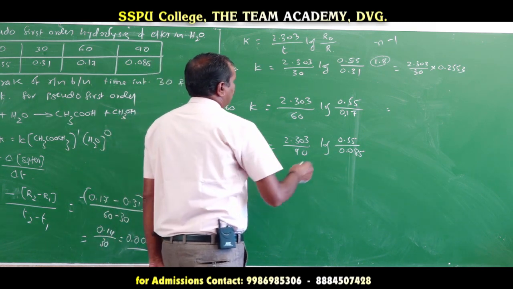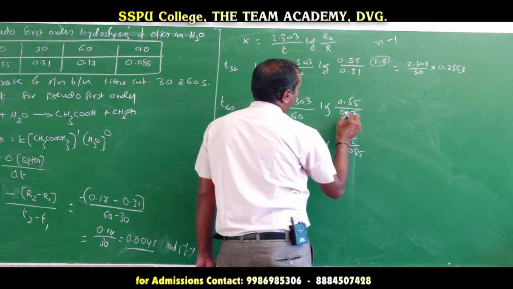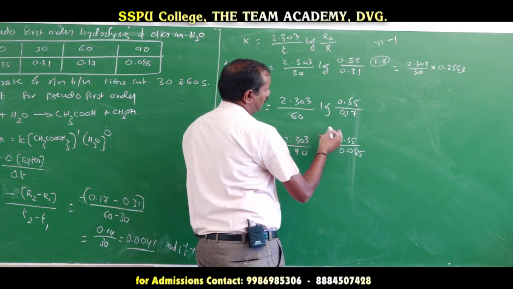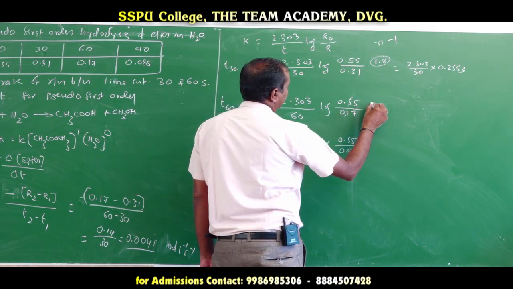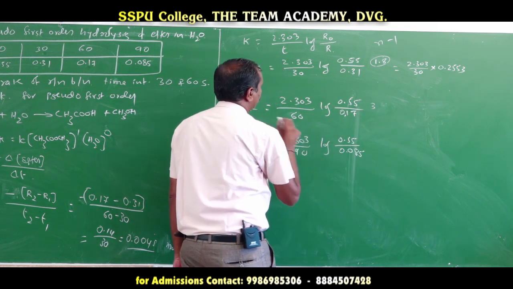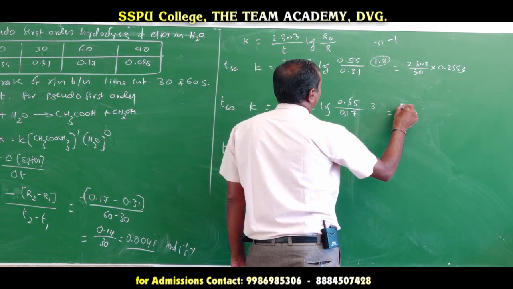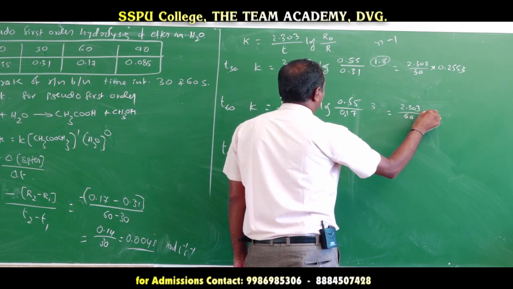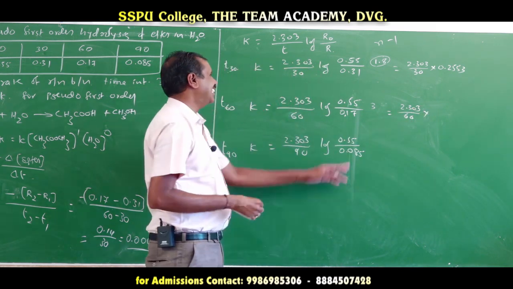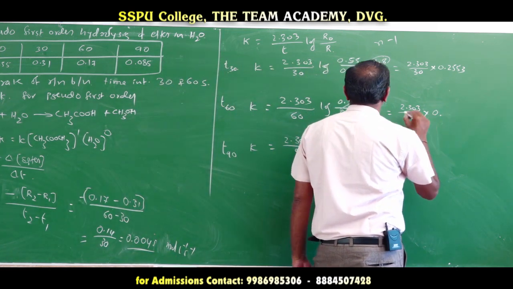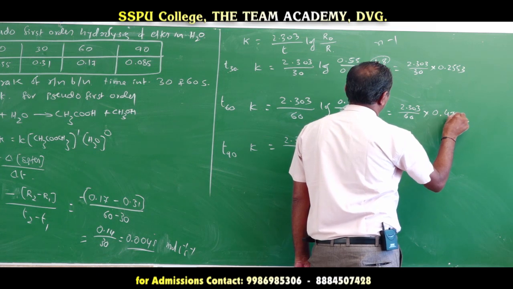Here 0.55 by 0.17, how many times? 3 times, nearly 3. So K equals 2.303 by 60 into log 3. Log 3, characteristic 0, 30 under 0, 4771.